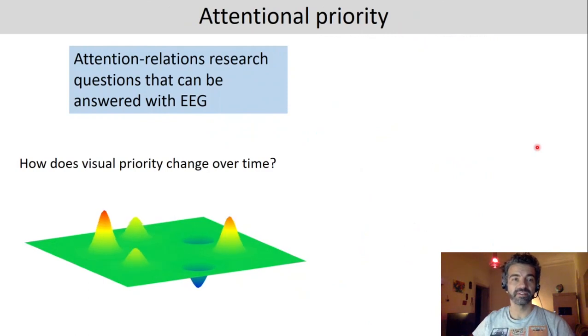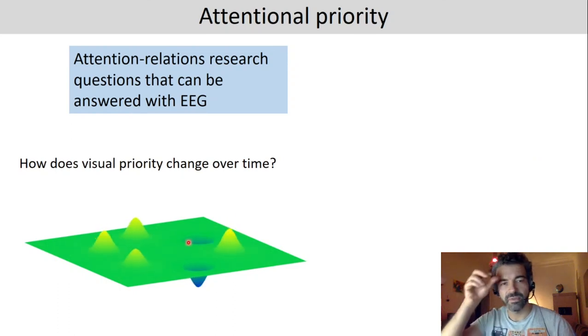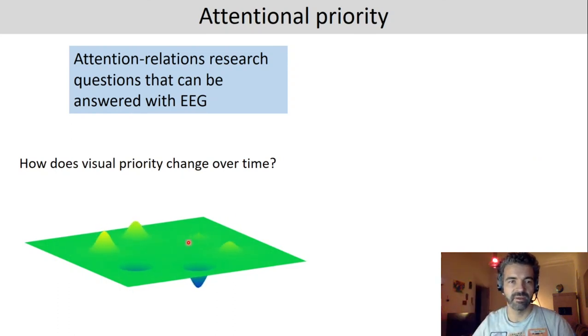So attention-related research questions that can be answered with these EEG components, the N2pc and the PD, are, for example, how does visual priority change over time? So this would be something like a priority map or retinotopic representation, just like in guided search or saliency map models that we've talked about earlier.